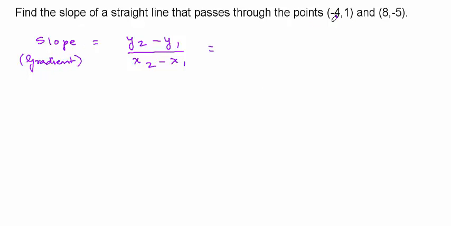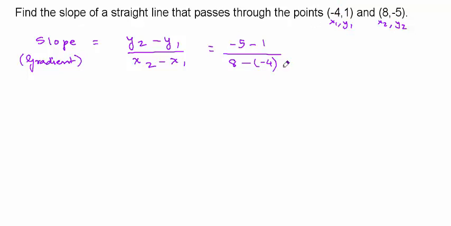And so if you think about the first point as x1, y1 and the second one as x2, y2. So y2 is negative 5. Let's just plug in the numbers. y2 is negative 5 minus y1, which is 1, over x2, which is 8, minus x1, which is negative 4.